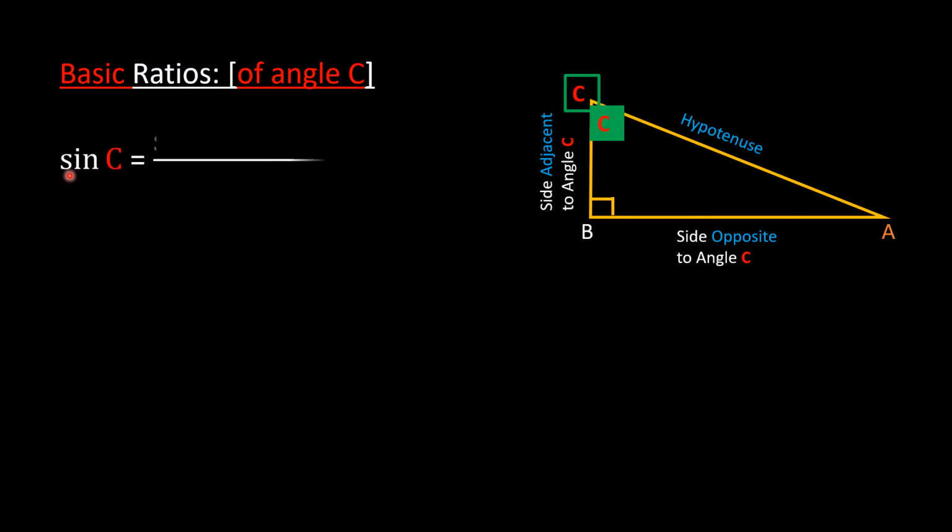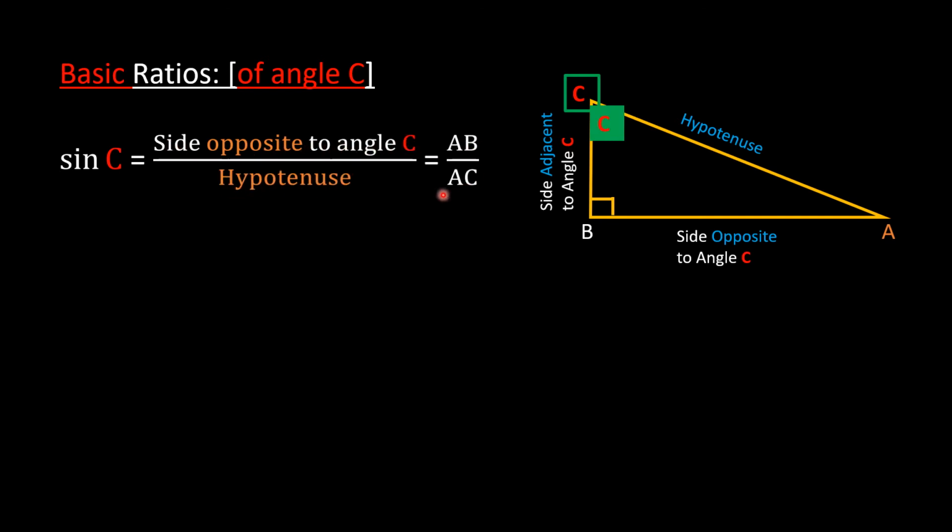So we write sin C equals side opposite to angle C divided by hypotenuse, that is AB divided by AC.